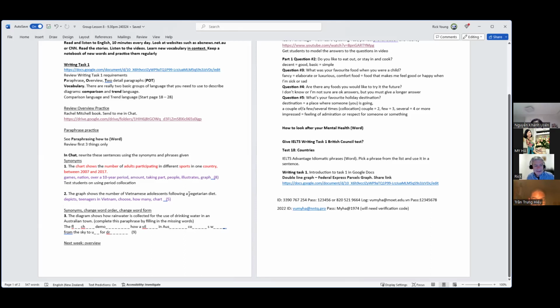Okay, so a vegetarian is a person who doesn't eat what? Meat. Correct. A vegetarian is a person who doesn't eat meat. Doesn't eat meat is a simple definition. A vegetarian is a person who usually just eats plants, only eats plants.